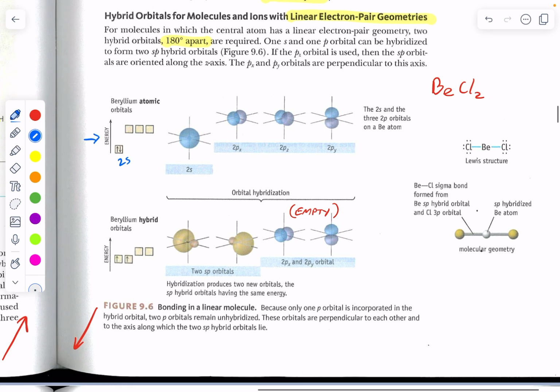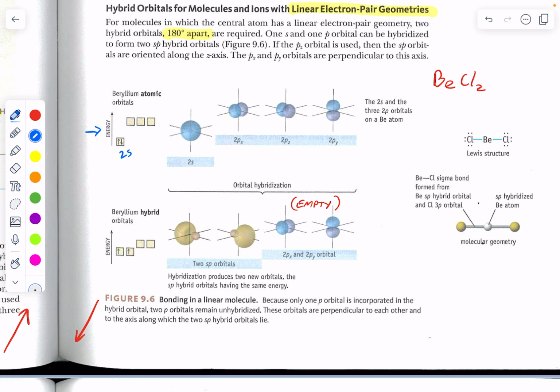However, when we hybridize those orbitals right here, instead of calling one an S and the other an S, we call them both an sp and an sp. But think of sp again as one single word.